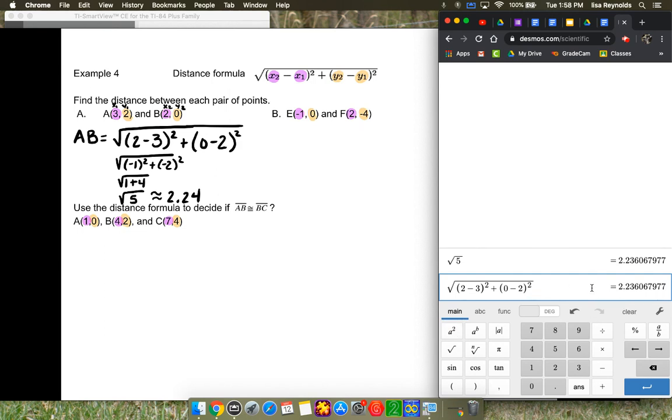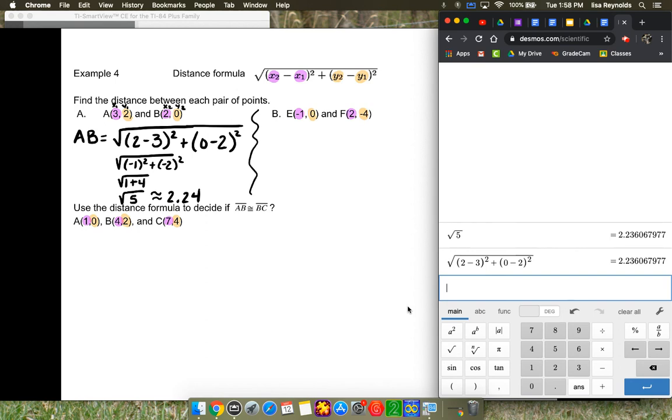So you can either do it step by step, or type the entire problem into the calculator. When we look at the next one, once again, it doesn't matter which ordered pair is my x1 and y1, and which is x2 and y2. We actually get the exact same answer at the end.